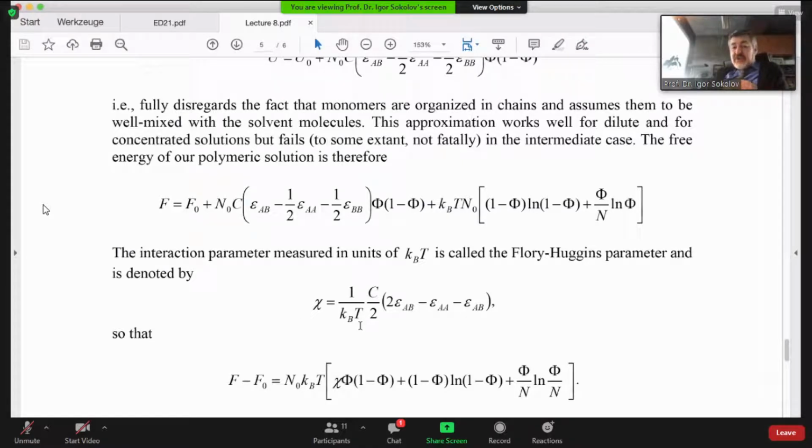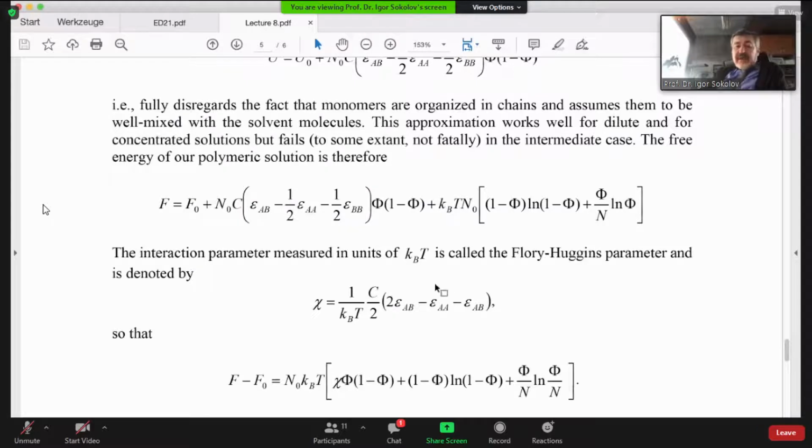I can never change the sign of chi, because the sign of chi is given by the sign of this expression. So if chi is positive, it is always positive at whatever temperature. If chi is negative, it is always negative.